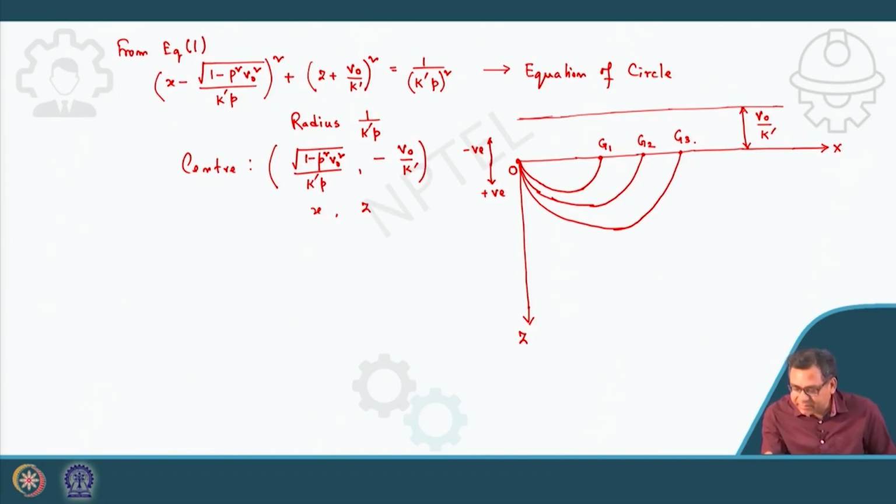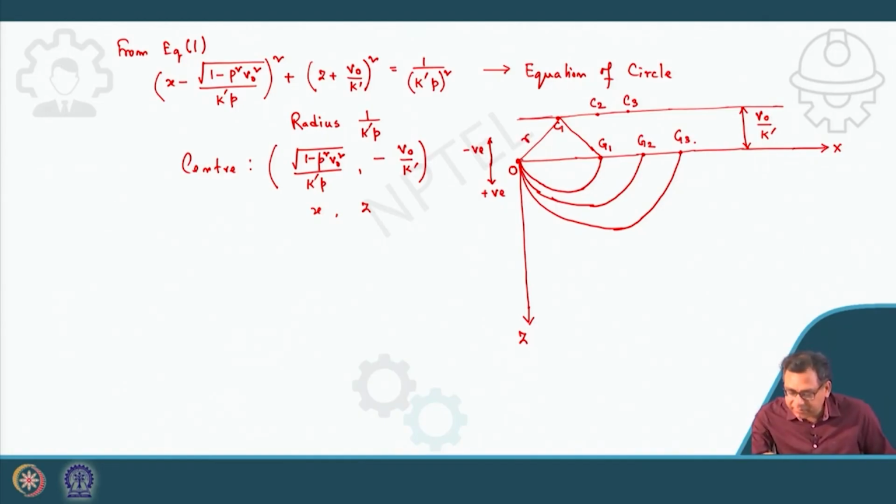So that means the centers of all the circles will lie on this line, because it is constant for all the circles, because V0 is constant, k dash is constant. So this will be the center C1. This will be the center for G2. This will be the center for the G3 circle. So the centers for all the circles will be on this line. Clear?